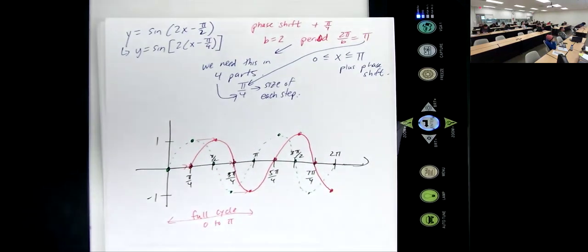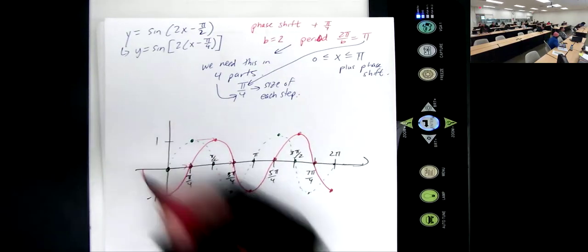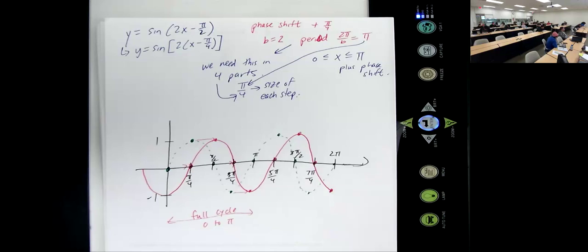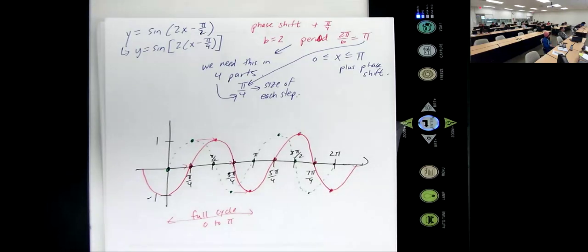Maybe more than one cycle, I could go back and go the other way. Once you get that, you know what it should look like, how far apart the waves should be.